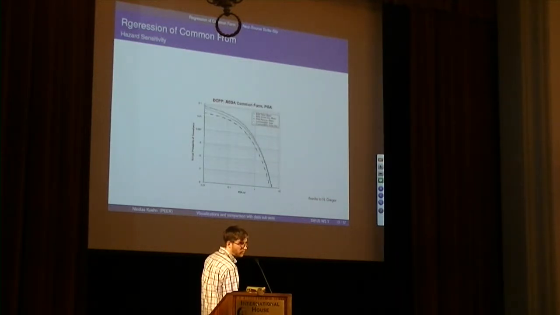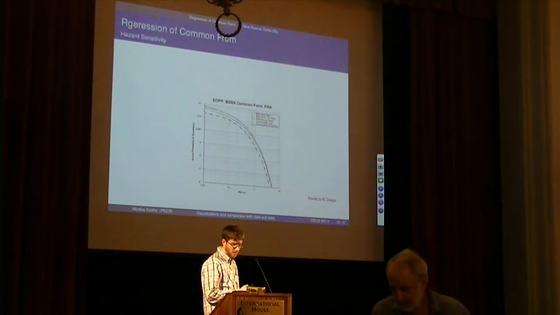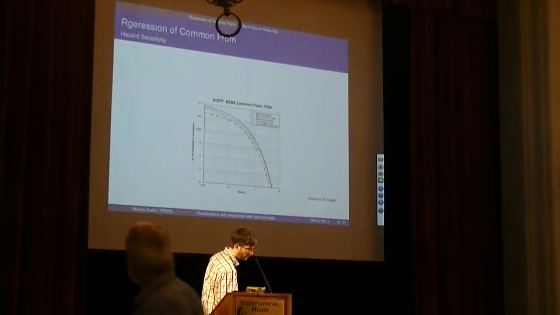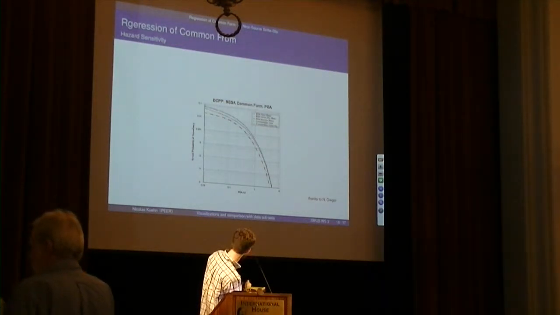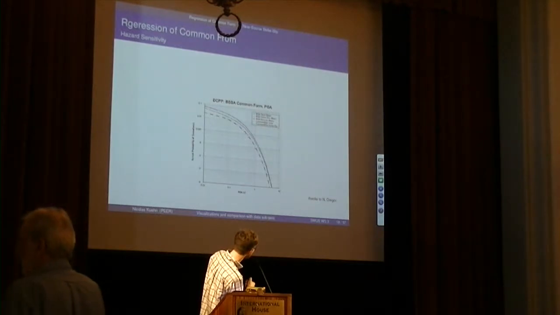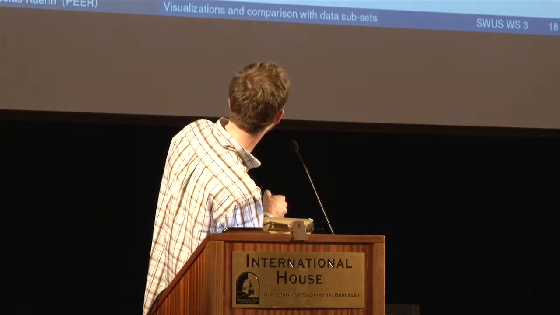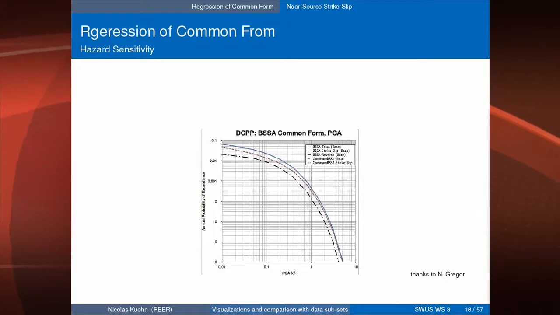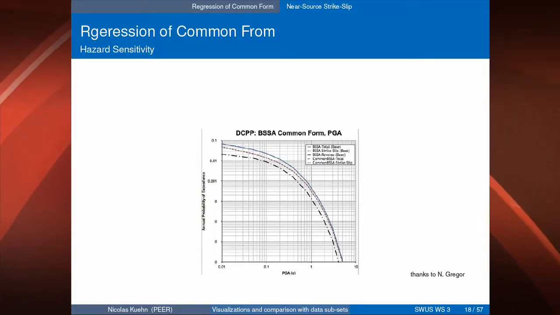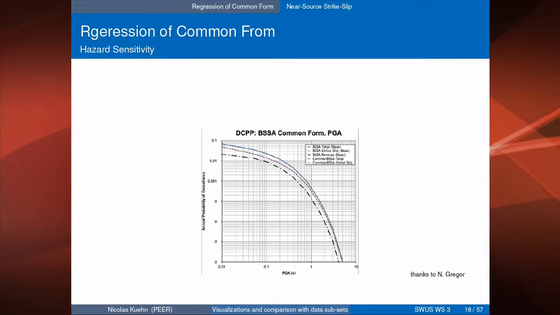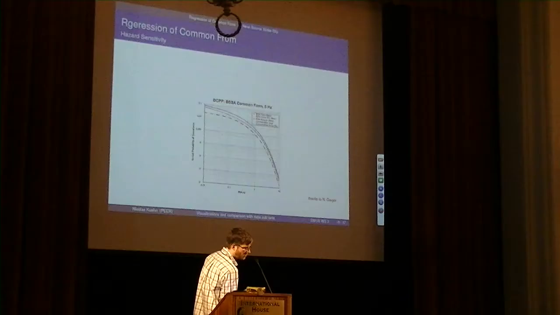This is the same plot, again, thanks to Nick, for the BSSA model. Same colors. And you see, again, that they're really, really close together. Same thing for 5 hertz.